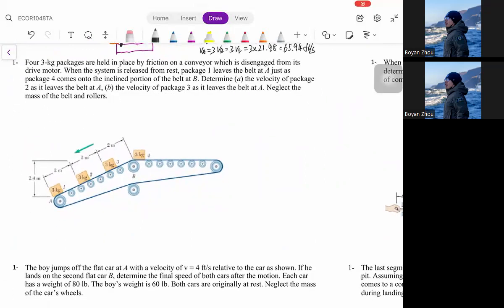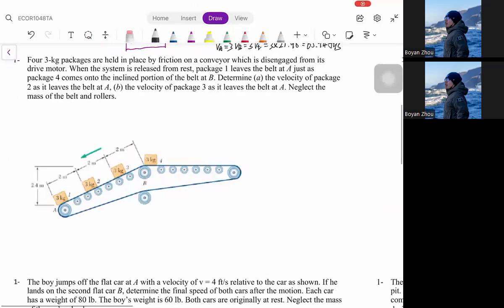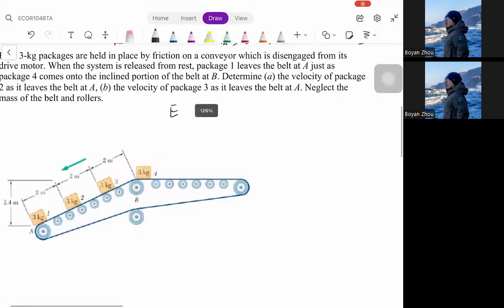So for the third one, there are actually two ways to solve it. The idea is the same, but the way we express the energy balance equation is a little bit different. Usually, as before, I like to use the energy at state 1 is equal to the energy at state 2. But in this case, there's another way.